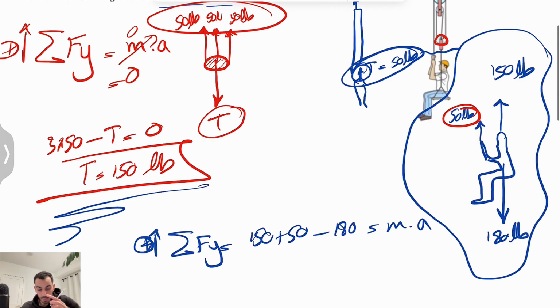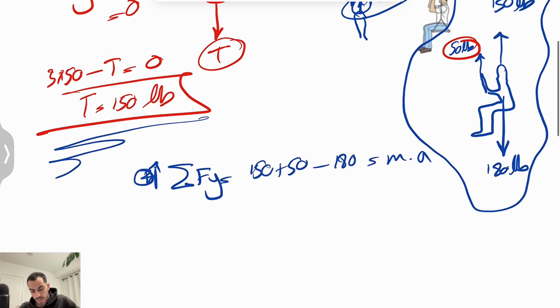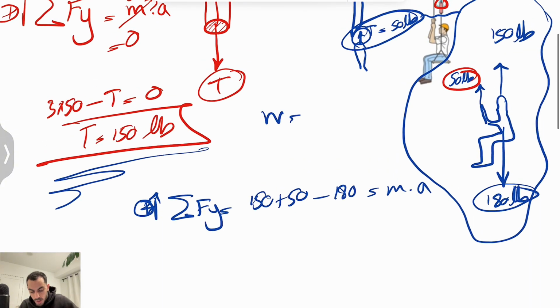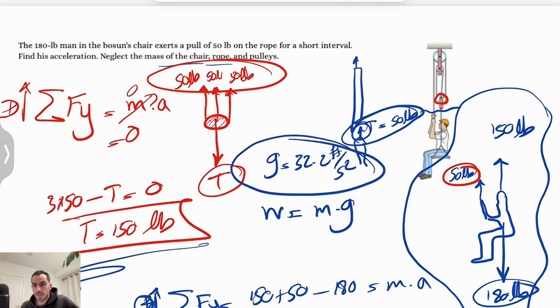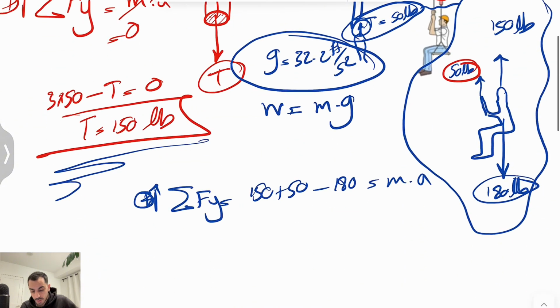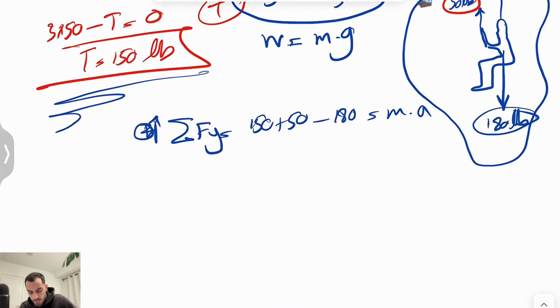The mass that we have is from the 180 pounds, which is weight. So we need to find the mass. We know weight is mass times acceleration of gravity. Based on the units that we have in here, our g is 32.2 feet per second squared. It's not 9.81 because these are not SI units. So this is going to be 200 minus 180.